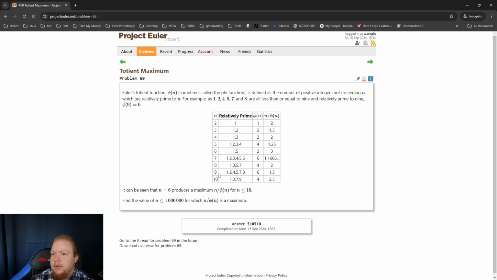All right. So if a number is 2 unique primes multiplied together, then its phi is itself minus both of those primes plus 1.